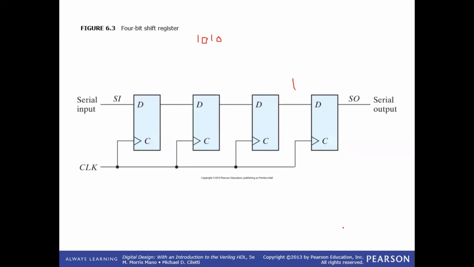But what happens in this circuit? In this circuit, we'll have to have a 0 over here, a 1 over here, a 0 over here, and a 1 over here. And they would be transferred to the output turn by turn. If we want to hold the data, we want to repeat 1, 0, 1, 0 again and again.